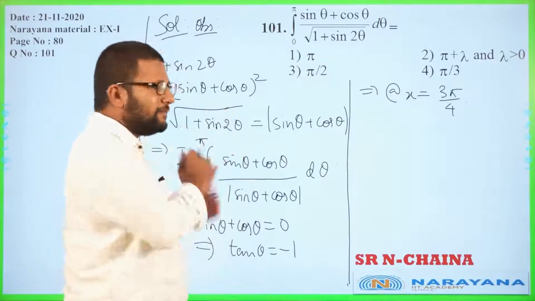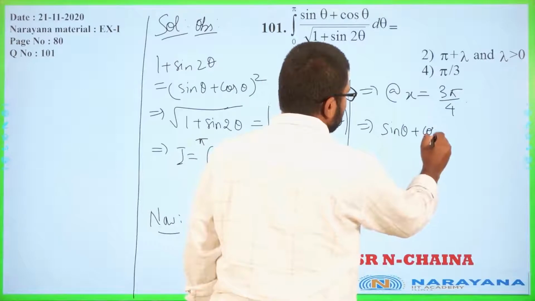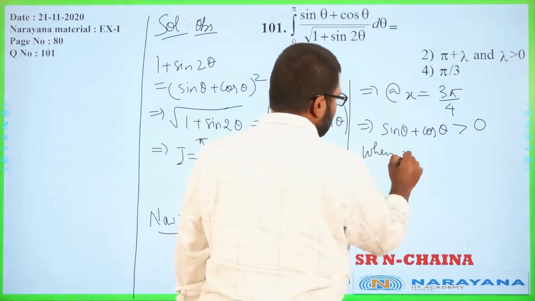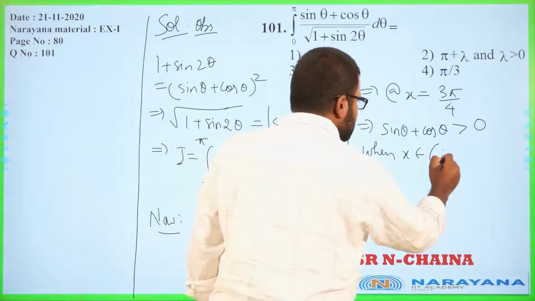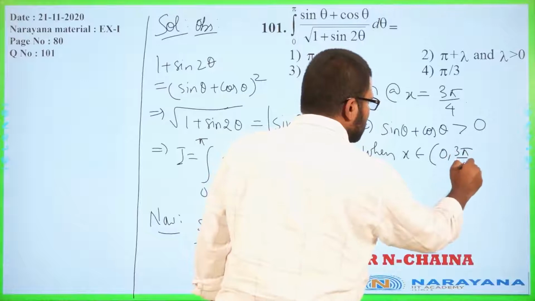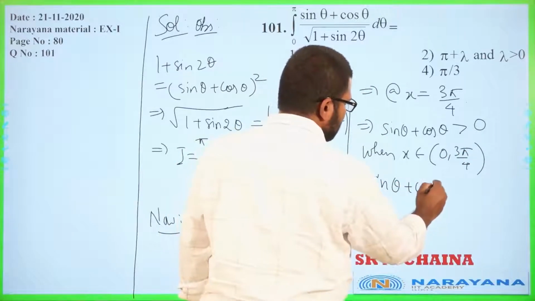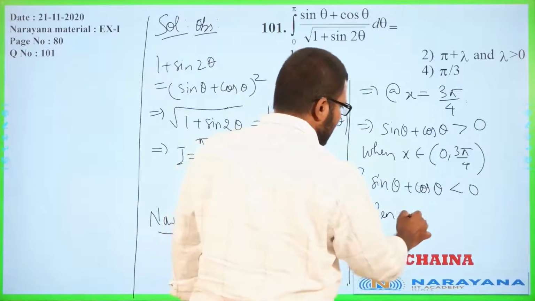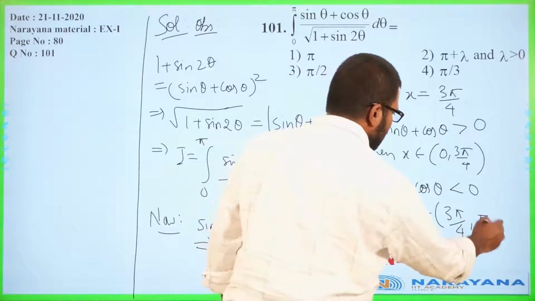So keeping all of that in mind, we will say sin theta plus cos theta is greater than 0 when theta belongs to 0 to 3 pi by 4, and sin theta plus cos theta is negative when theta belongs to 3 pi by 4 to pi.